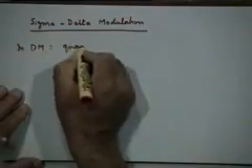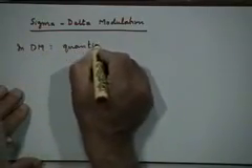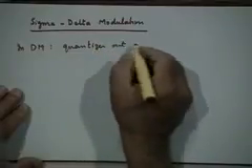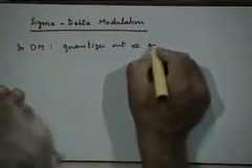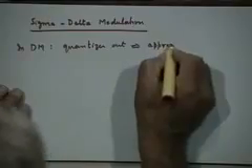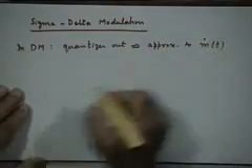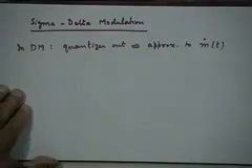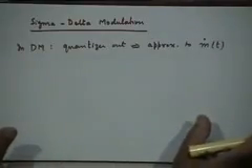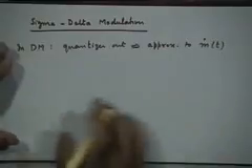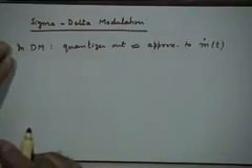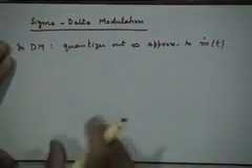So in DM, the quantizer output, that is delta of t, you could say, based on this argument that I have given, is an approximation to m dot t rather than m t. Would you agree with this statement? Now, is that a good thing or a bad thing from the noise point of view?